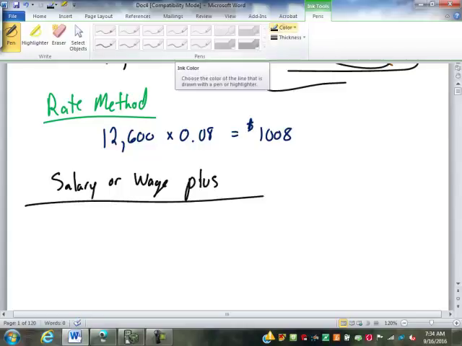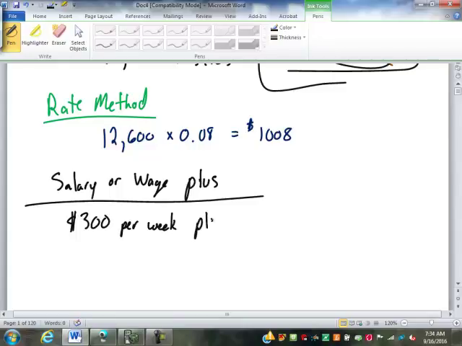So let's say that you are working this commission job, a sales job. And what they're going to do is give you $300 per week plus 6% commission.